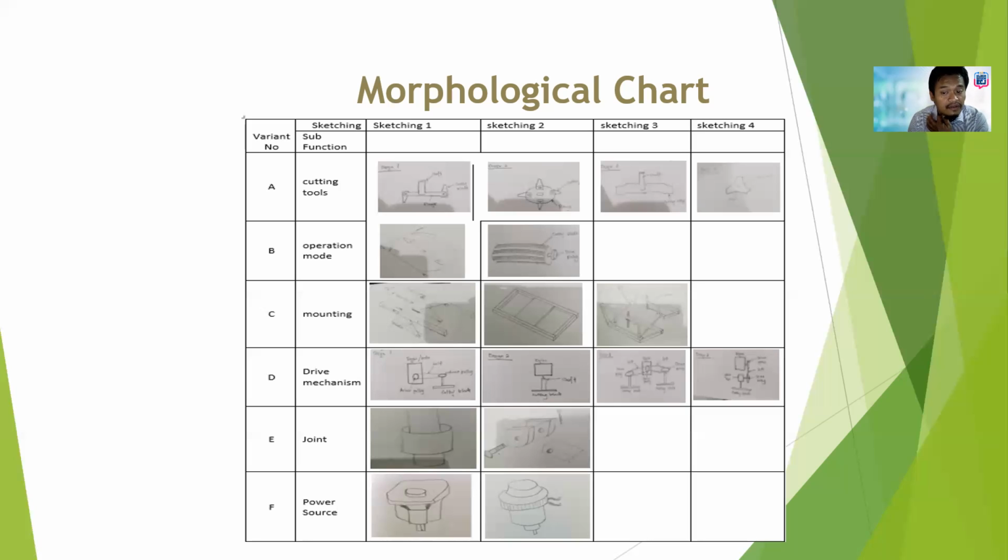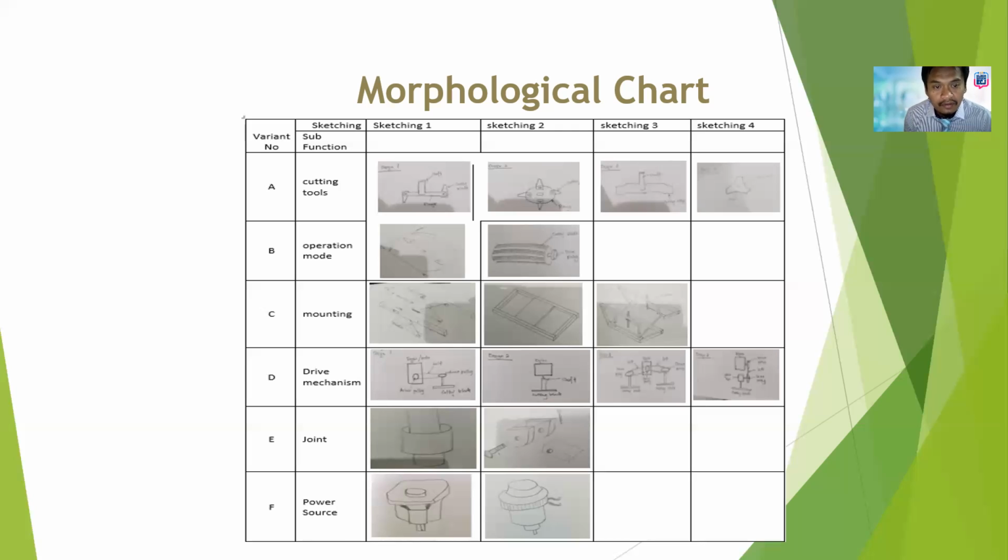And sketch number 3 for mounting is an adjustable mounting. For the operation mode, sketch number one is rotational movement of the cutting tools, and sketch number two is a vertical operation mode for the cutting tools.